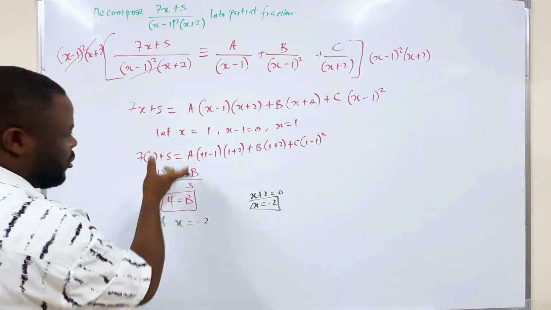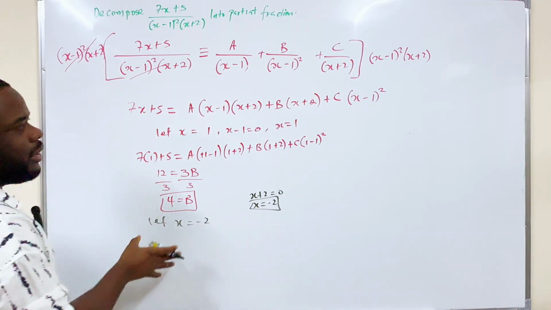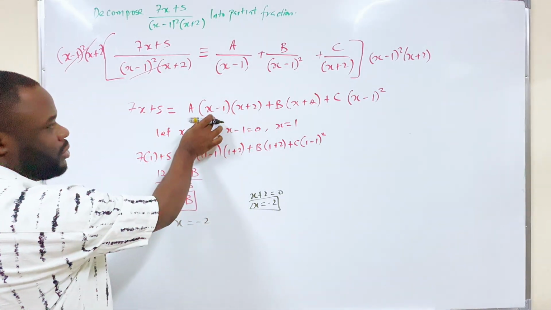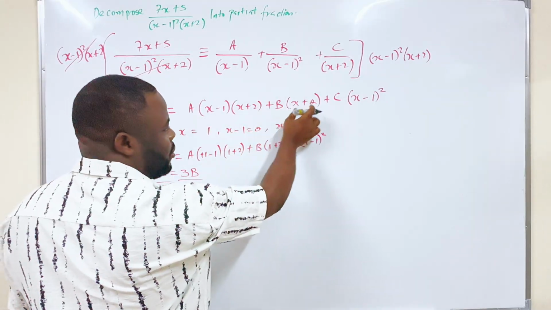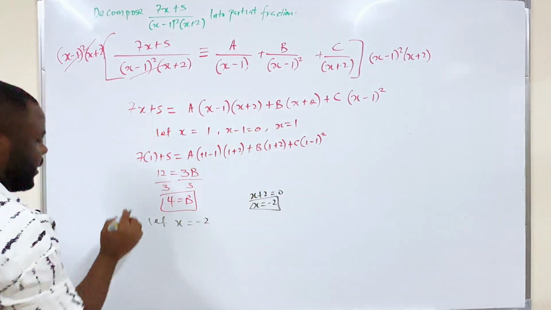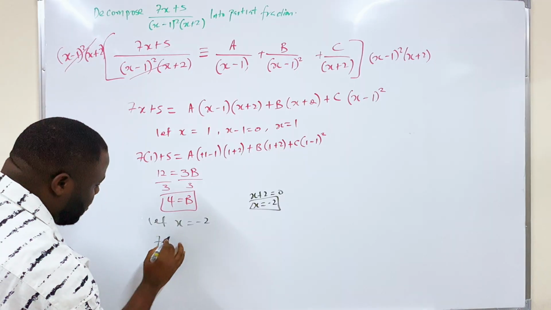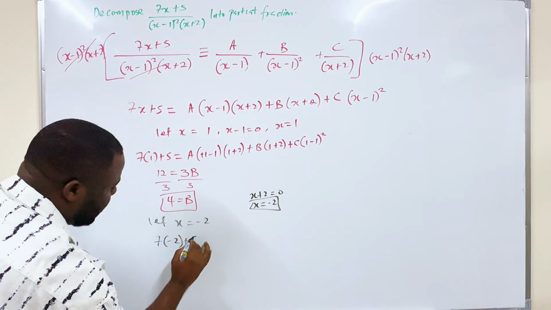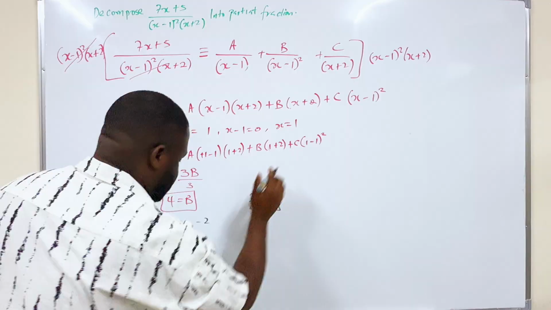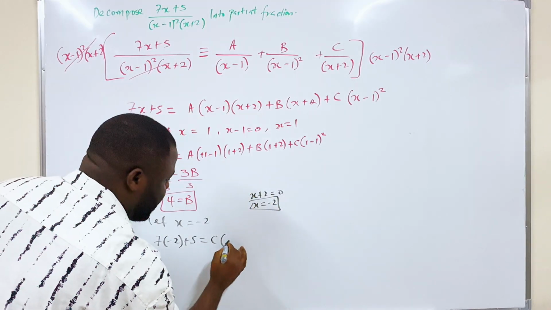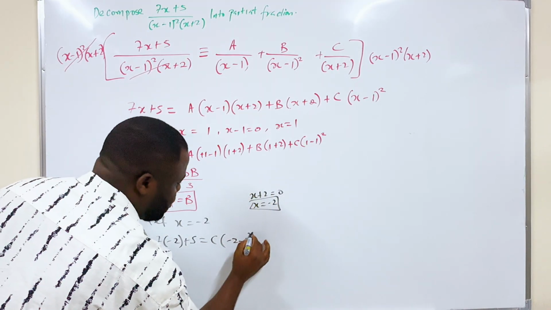Okay, so if I substitute, I don't need to write all these things again. If I substitute that here, this is 0. If I substitute that here, this is 0. So I'll now say 7 multiplied by negative 2 plus 5 equals c times negative 2 minus 1 squared.